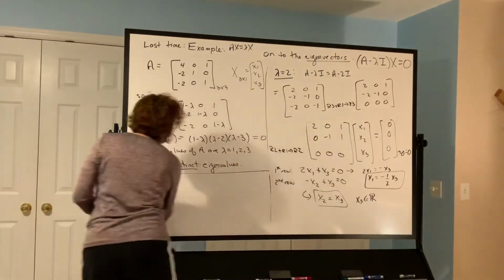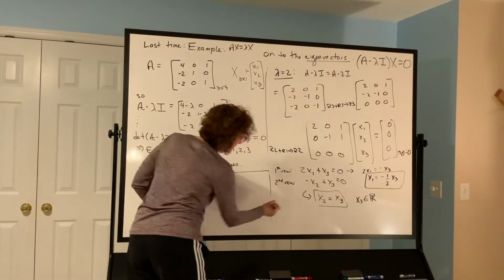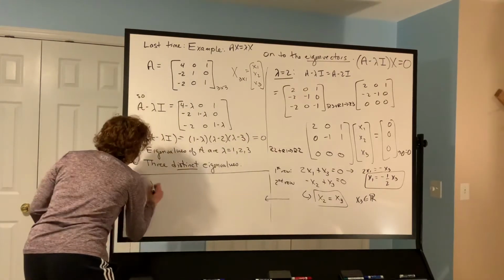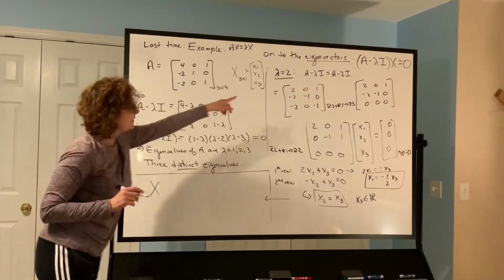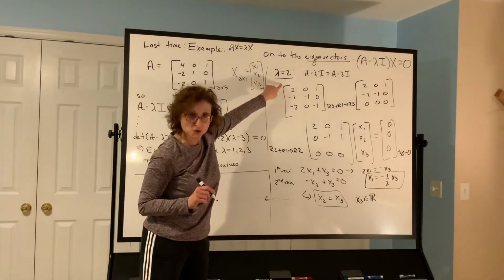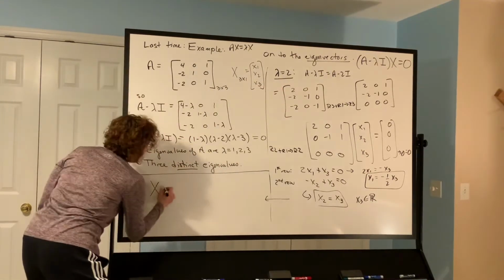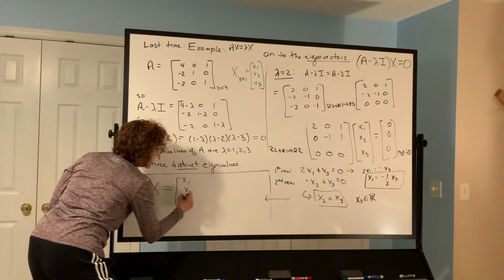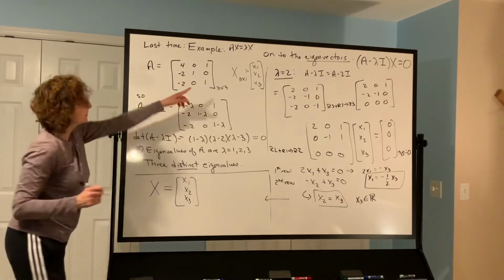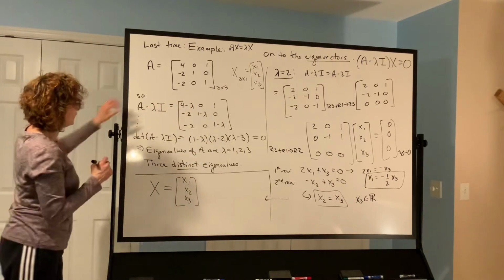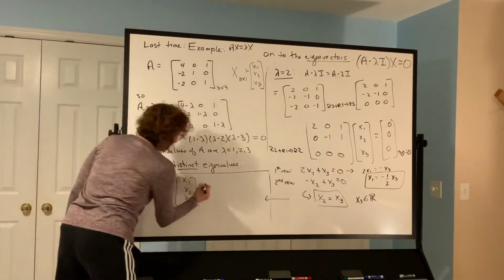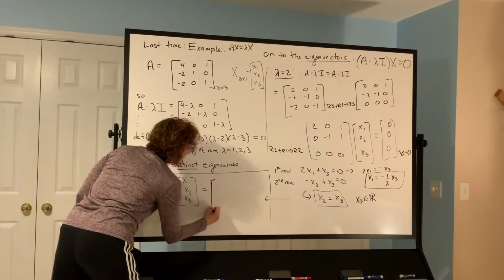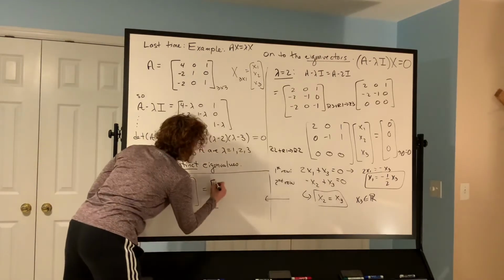And so what do we get from this? Our eigenvector x associated with the eigenvalue lambda equals 2 looks like x1, x2, x3, because it's a 3 by 1, and we know that from our matrix A. What did we find out about x1? x1 is minus 1/2 x3.